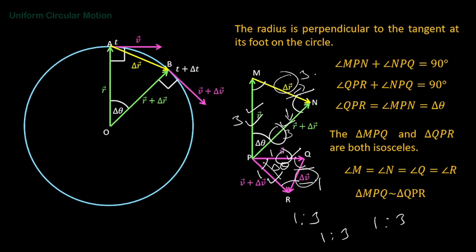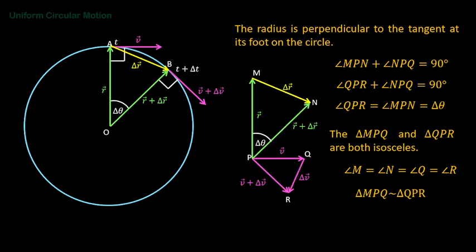So the ratio of all the sides is the same. Same ratio means their fractions are the same. We note that the two triangles are similar to each other.